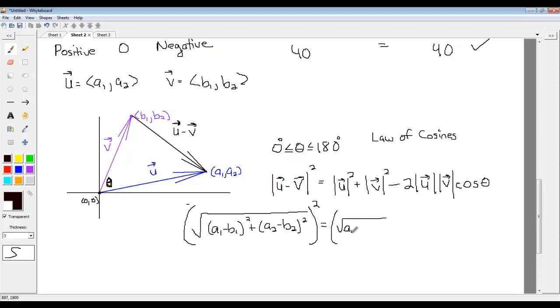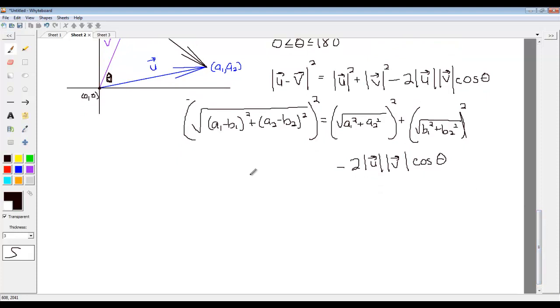So you end up with a1 squared plus a2 squared, that whole thing squared, plus magnitude of v, b1 squared plus b2 squared, because again, b1 minus 0 is b1, and b2 minus 0 is b2, and that's squared. And then minus 2 times the magnitude u, magnitude v, cosine theta. Let's just leave that there, and you'll see why in a second.